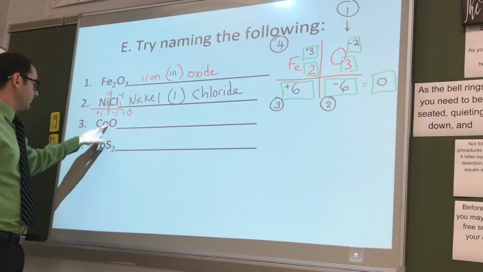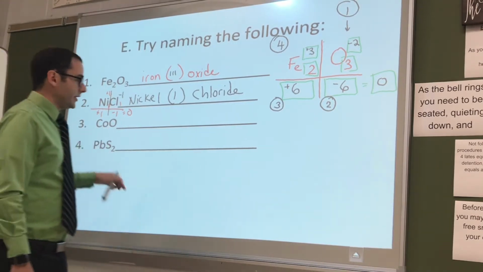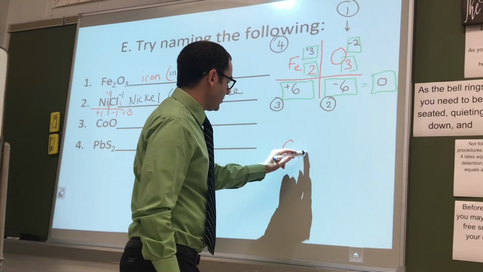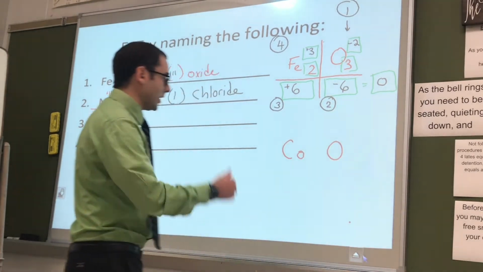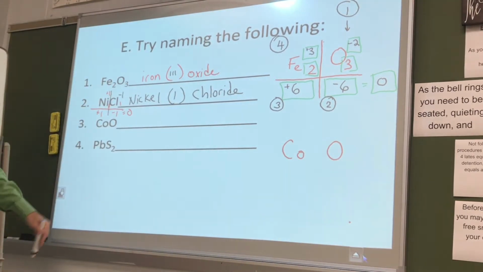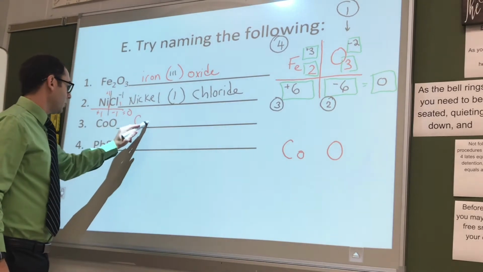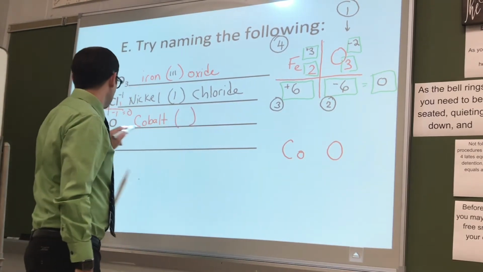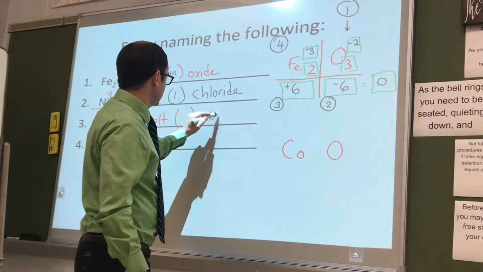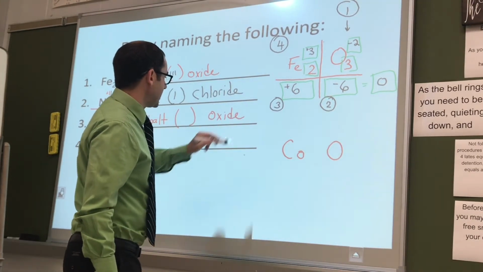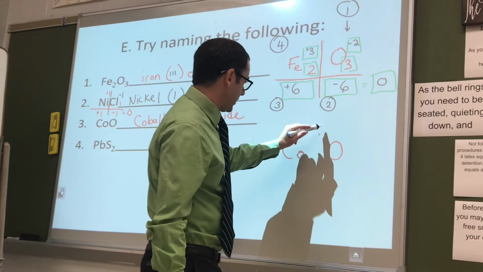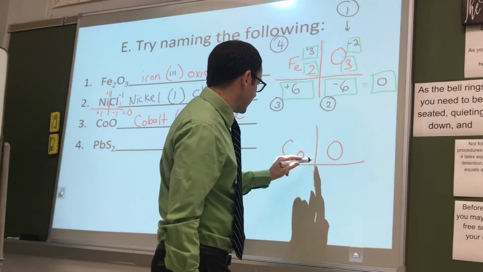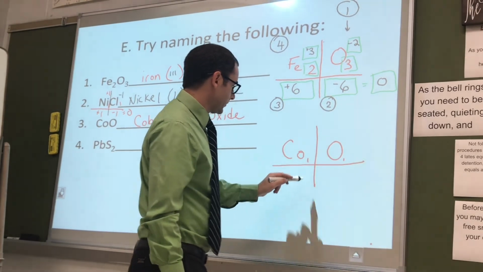All right, next one. Let's take a look at this. CO and then O. What's that one? Name. Cobalt. And then the next word? Oxide, good. There's 1 of each of them again, so that's going to make it easier.